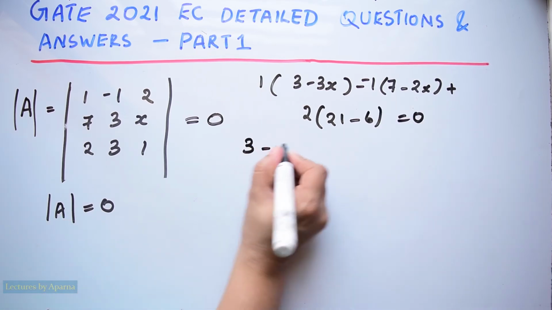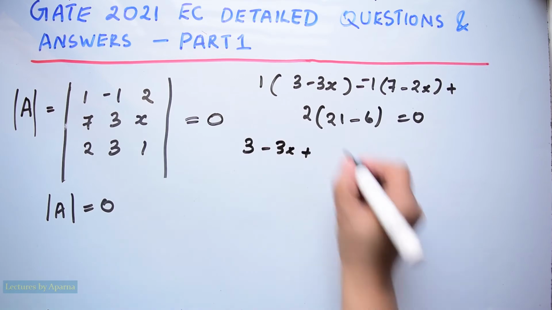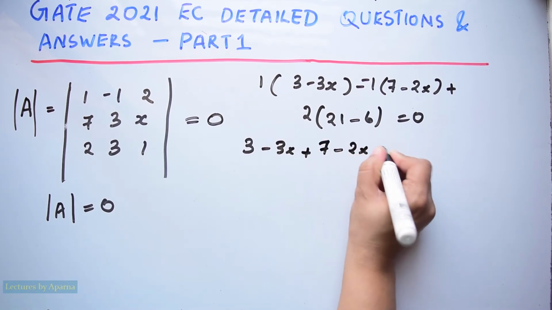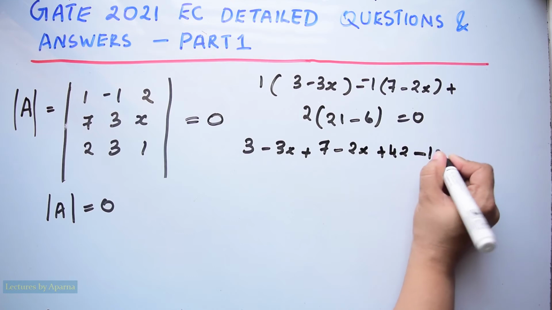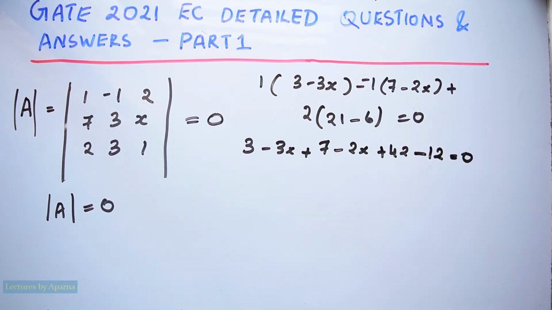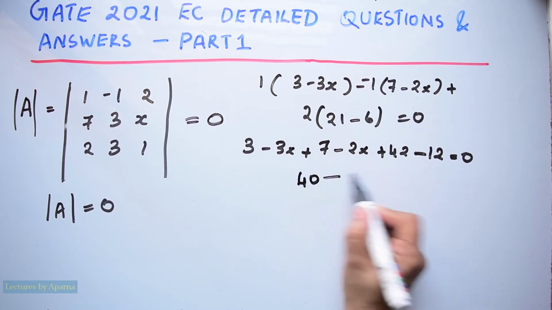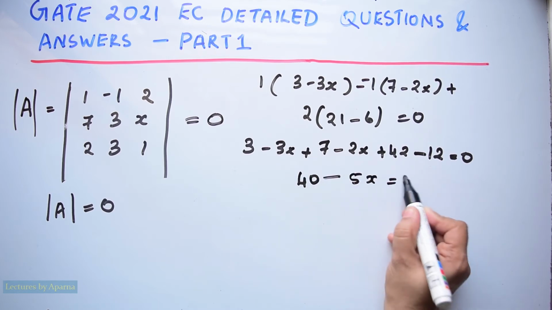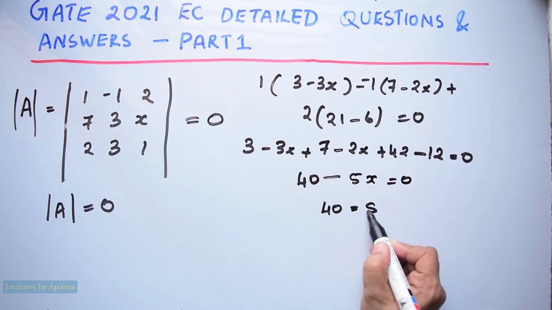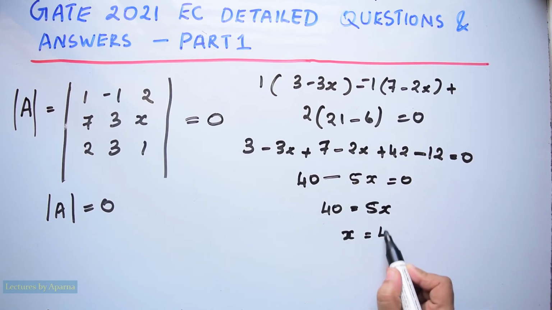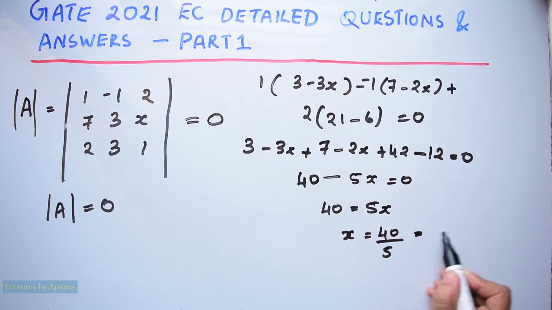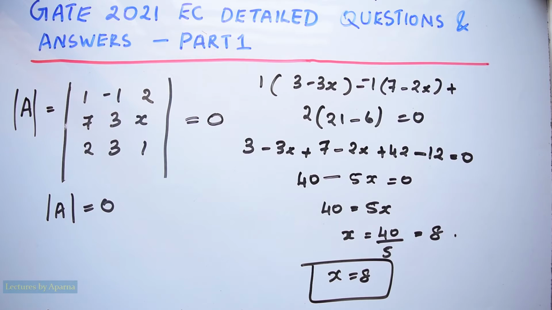You will get 3 minus 3x plus 7 minus 2x plus 42 minus 12 equal to 0, which is equal to 40 minus 5x equal to 0, or 40 is equal to 5x and x is equal to 40 divided by 5, that is equal to 8. So the answer is x is equal to 8. Thus we got the value of x. Now let's see next question.